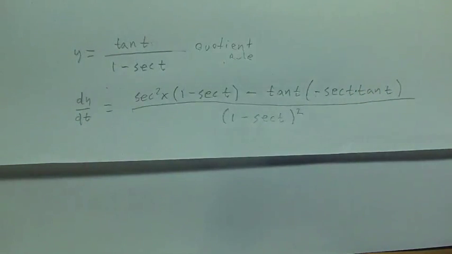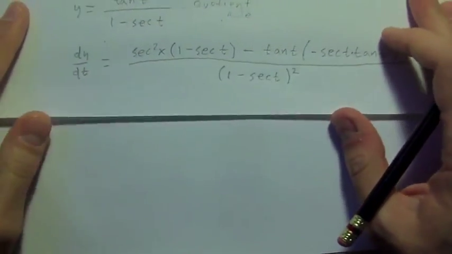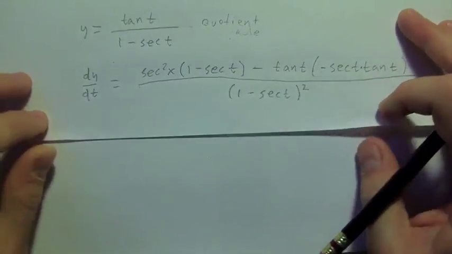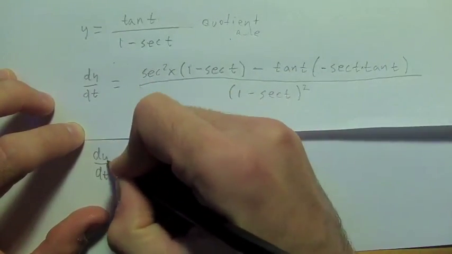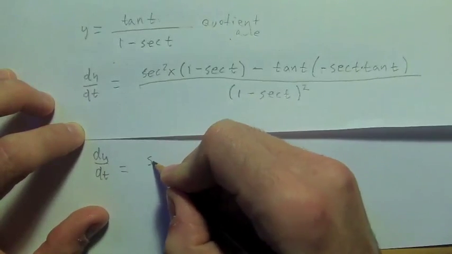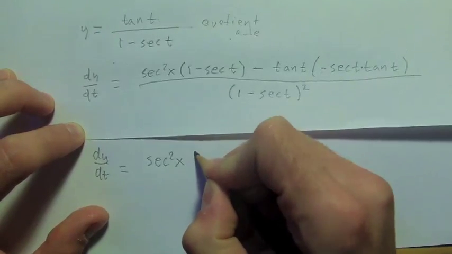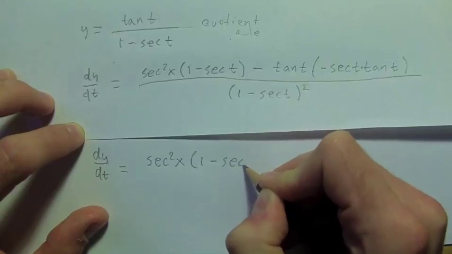And we're pretty much finished, although you may want to simplify this a bit. In fact, if I were doing this, I'd leave the first thing alone. I wouldn't really simplify that much.